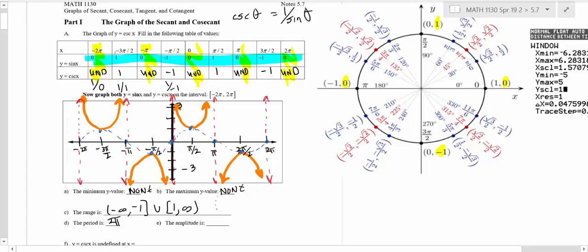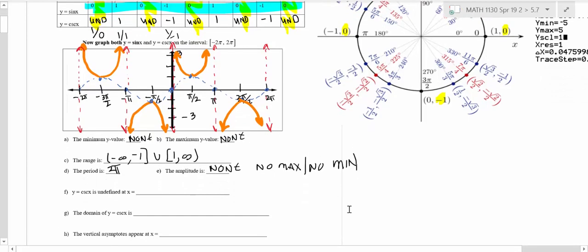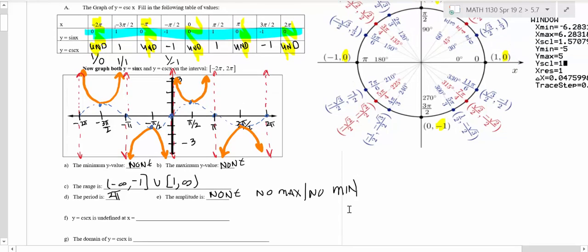The amplitude is none, and the reason is because there's no max and there's no min. What we learned about the amplitude, like on the sine, was that the amplitude was half the distance from the min to the max. Since there isn't a min or max, there's not an amplitude. Okay, all right, so any questions so far about anything?